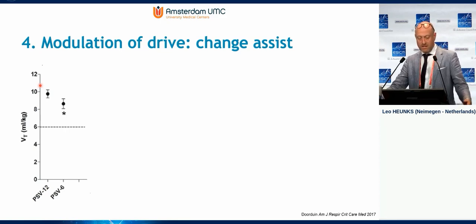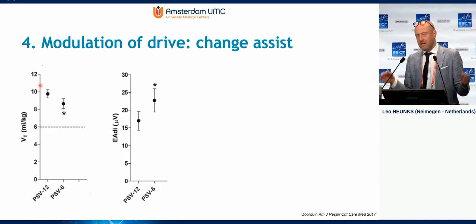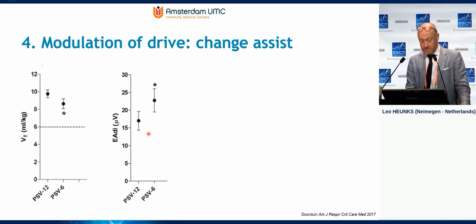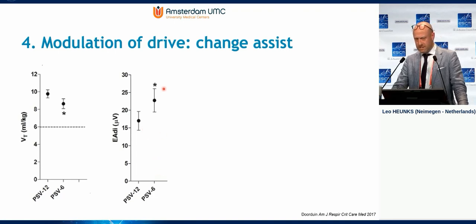And this indeed reduces the tidal volume a little bit, from say 10 to 8.5 ml per kilogram. Perhaps a little bit better, but not fantastic. But we have to realize, once you decrease the inspiratory support, this will increase the respiratory drive of the patient, as shown here nicely with the electrical activity of the diaphragm. Reducing inspiratory support increased electrical activity, increased drive.